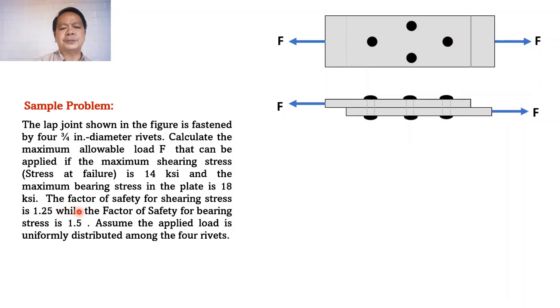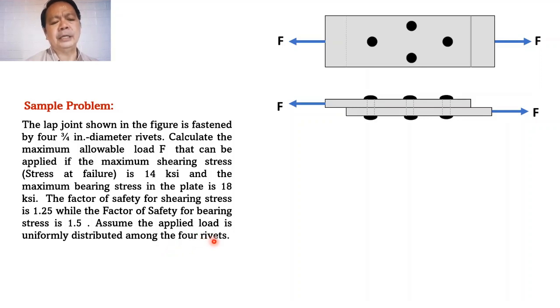The factor of safety for shearing stress is 1.25, while the factor of safety for bearing stress is equal to 1.5. Assume that the applied load is uniformly distributed among the 4 rivets.